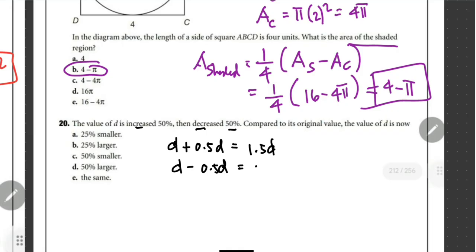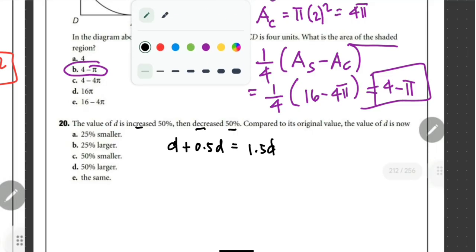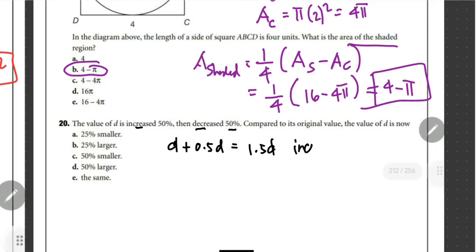And to decrease, hold on. The value of D is increased by 50%. Okay, so this is the increased value, and this value is decreased by 50%.